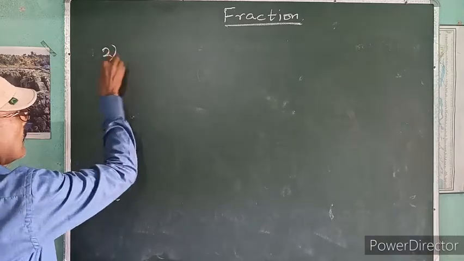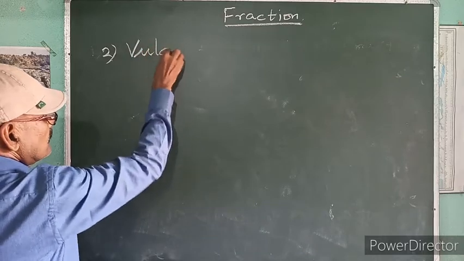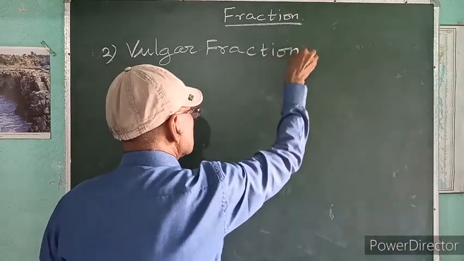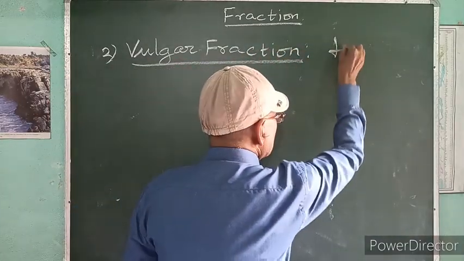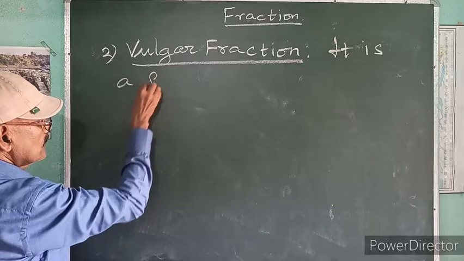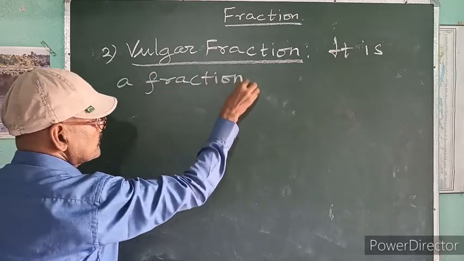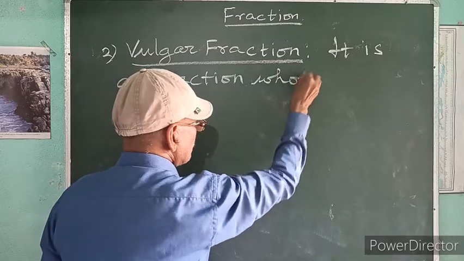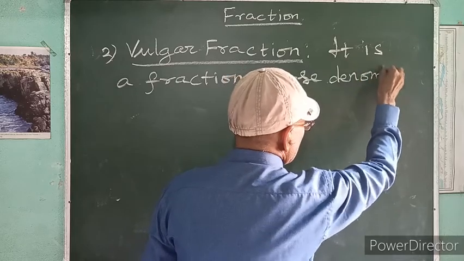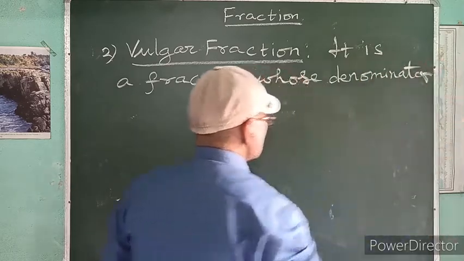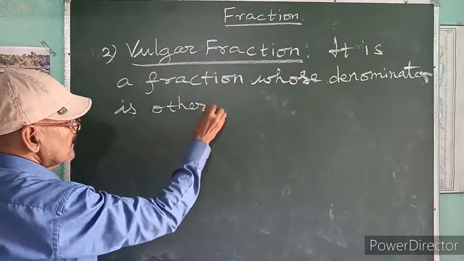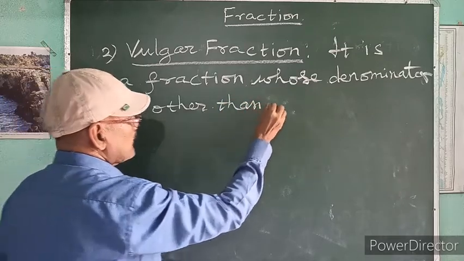Number 2, vulgar fraction. It is a fraction whose denominator is other than powers of 10.